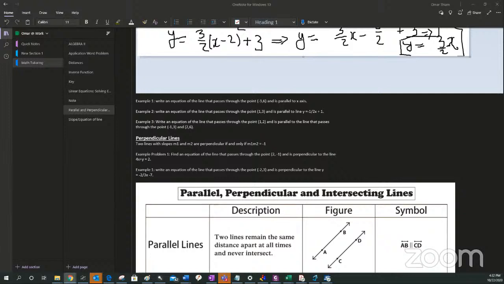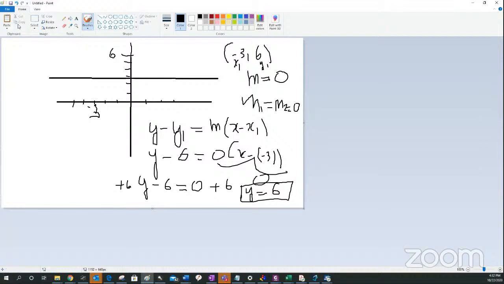I got y equals negative 1/2 x plus 7/2. That's perfect. Would you mind again walking us through how you got that one?